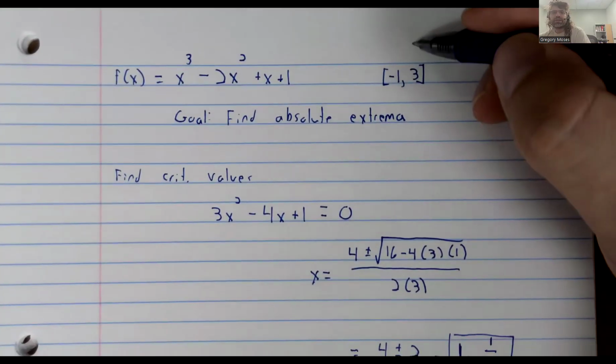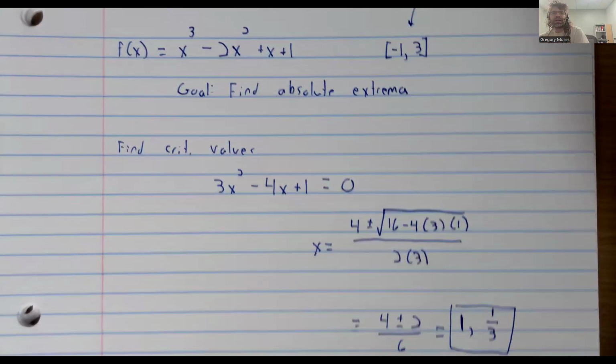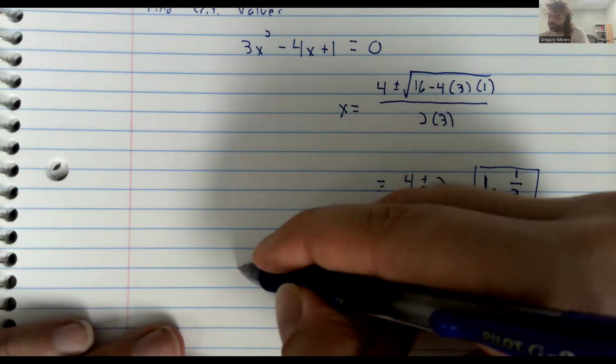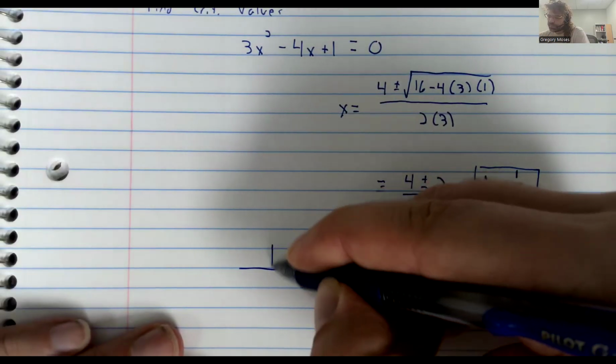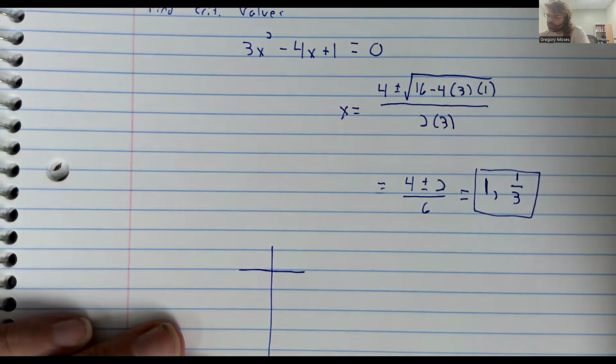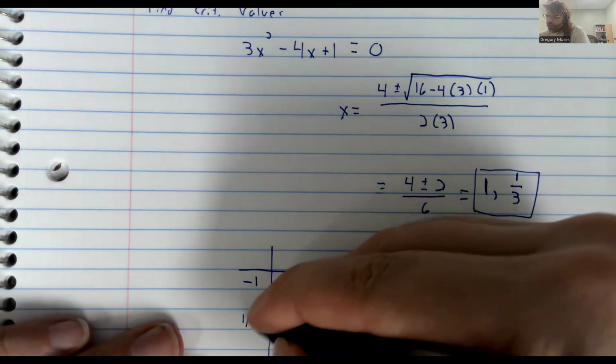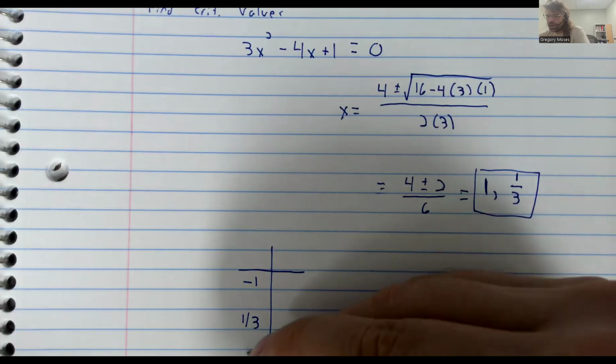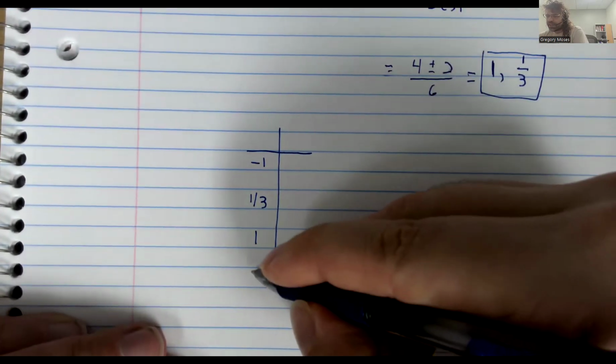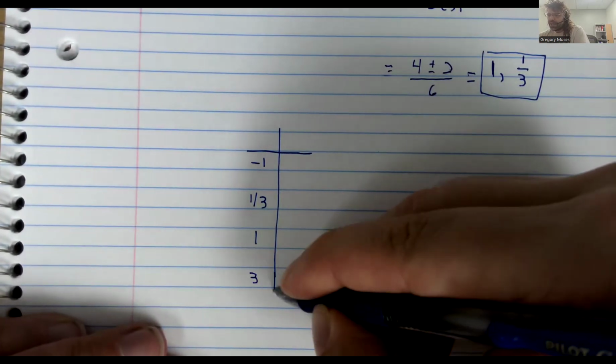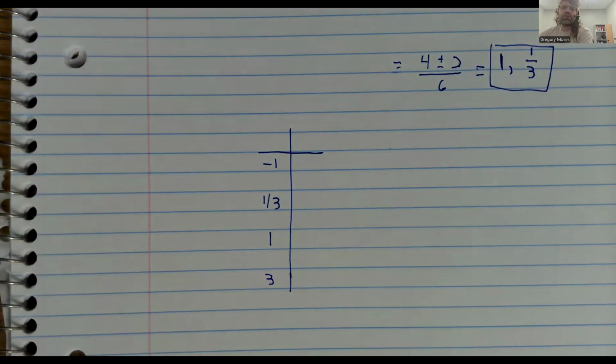We have two endpoints, -1 and 3. So -1, 1/3, 1, and 3.